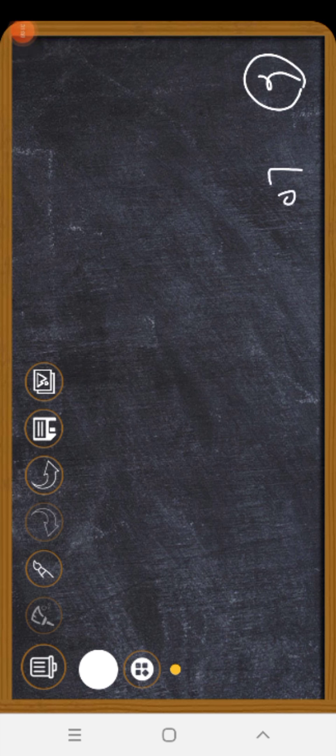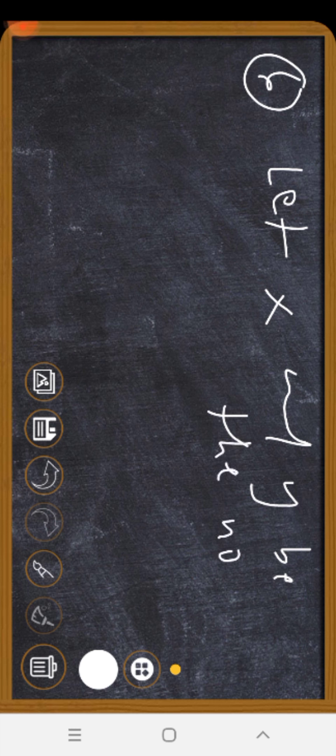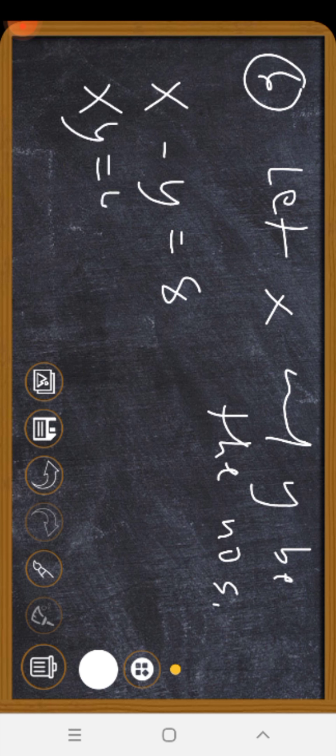Let x and y be the numbers. Equation 1 is x minus y, the difference of the two, equals positive 8, and the product is 48. This is equation number 1 and equation number 2.